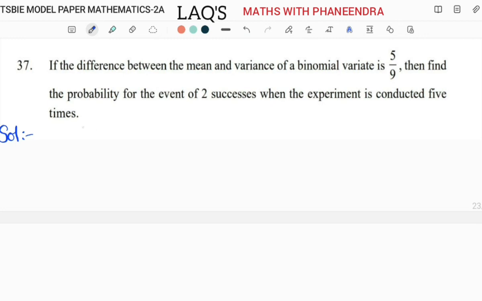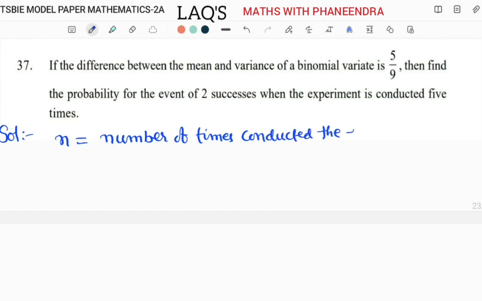So given that the experiment is conducted 5 times, n is equal to the number of times conducted the experiment, so n is equal to 5.